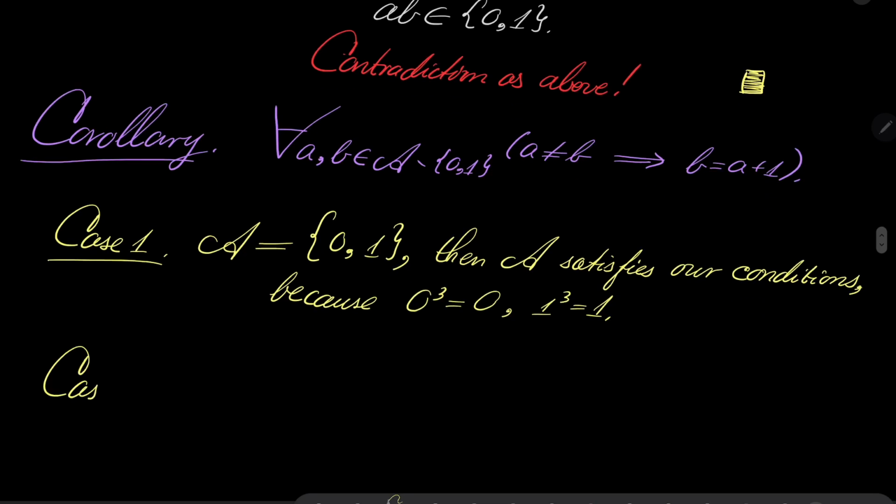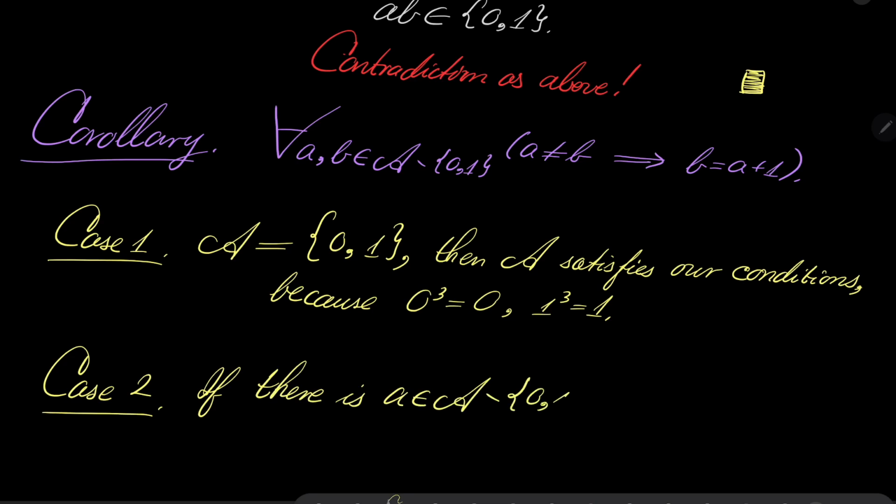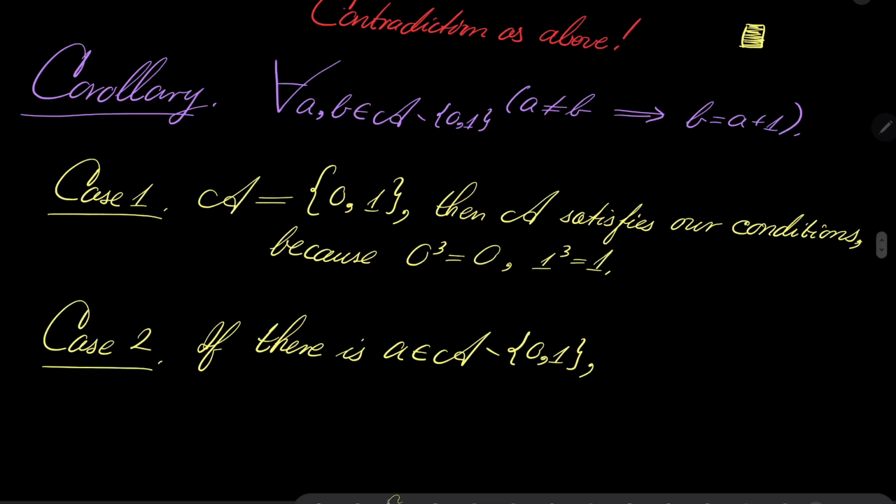Case number 2. Well, if there is an A which is not an element of 0 or 1 in our ring, then what happens? Then we have A plus 1 as well. Then A plus 1 is also an element of our ring.